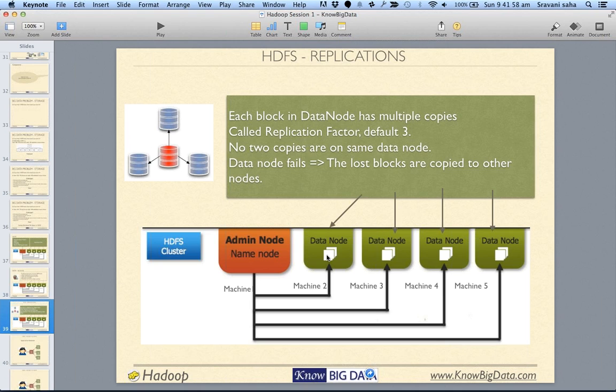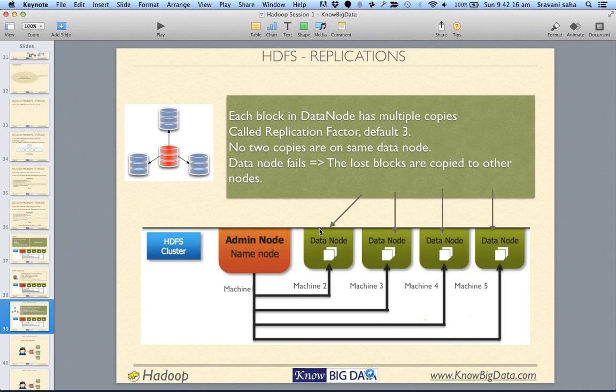Okay, so say a person comes to watch a movie. The first 128 MB will be served from the first computer, the second 128 MB will be served from the second computer, and so on. All right. So does it make sense to you?